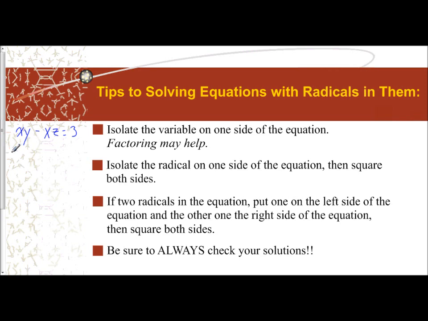If I were to factor an x out of both terms, I have x times y minus z equals 3. And now I could actually divide both sides by this parentheses and get the x by itself. So isolate the variable on one side of the equation, factoring may help. And factoring is going to help if you have, I would refer to it as, unlike terms.